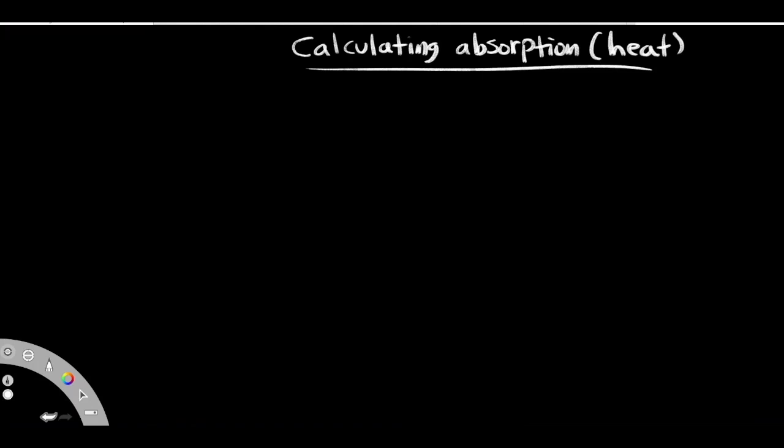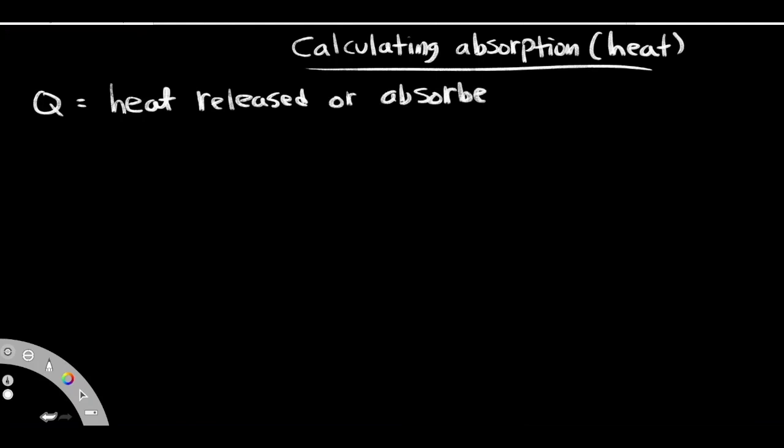Now we're going to look at Q because in the previous video we looked at Q as being the amount of heat released or absorbed. And how did we get that?